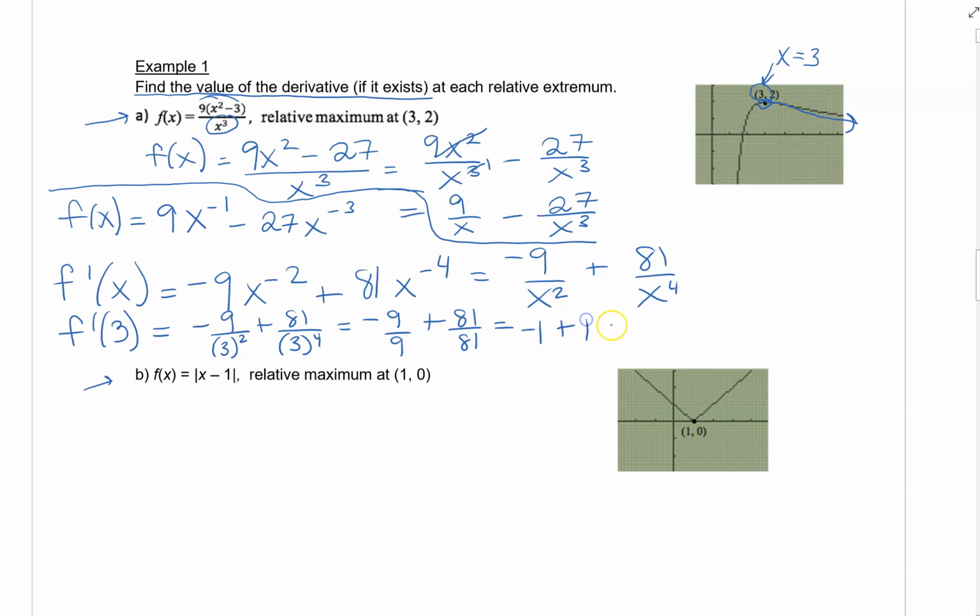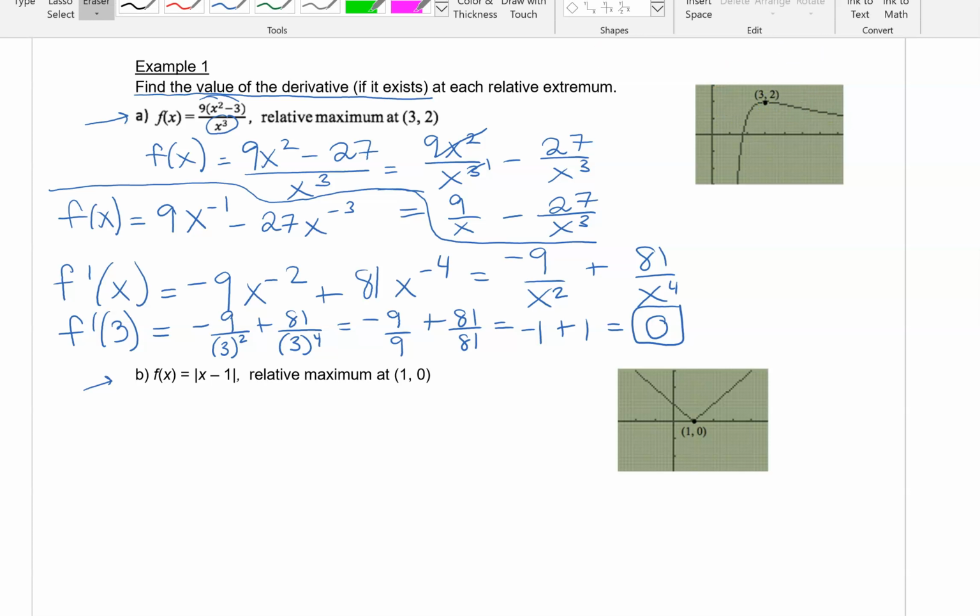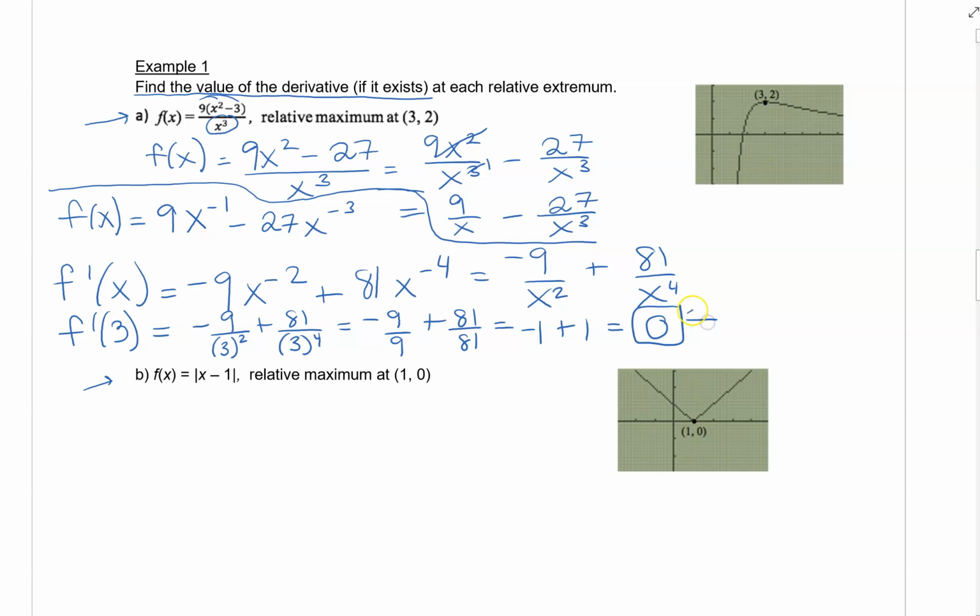So I end up with negative 1 plus 1, which is 0. What is that doing? That's just confirming the fact that when you hit an extreme value, a turning point on the graph, like we have here on this graph at x equals 3, the derivative will in fact equal 0.